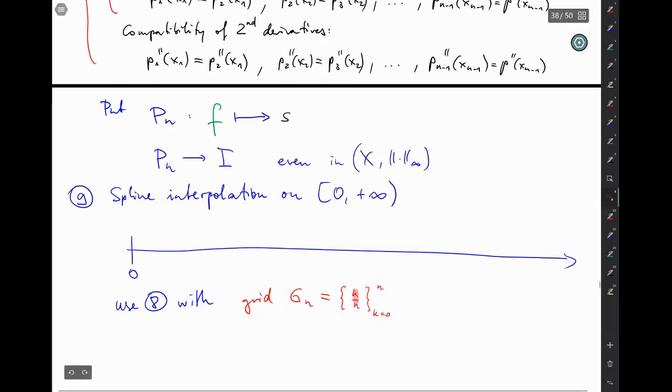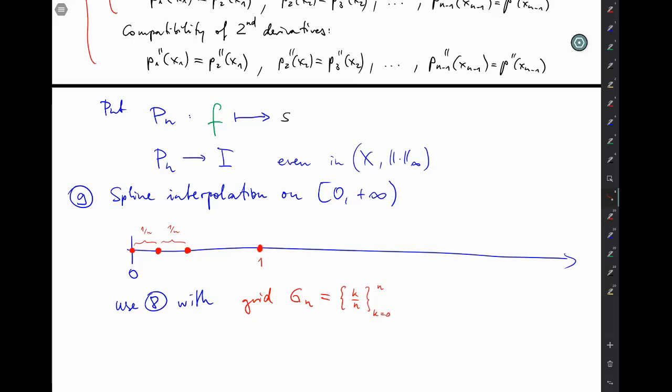So the points are k divided by n, where k is running from 0 to n. So you will get equal spacing starting from 0. Spacing is equal to 1 over n. And the last point will be when k equals n. So this is n divided by n is at 1.